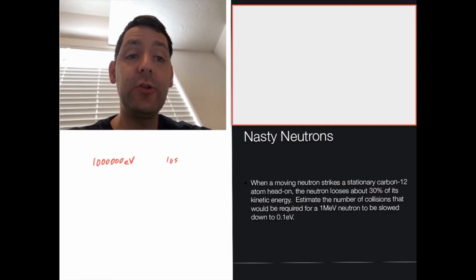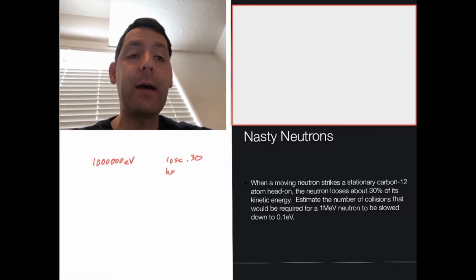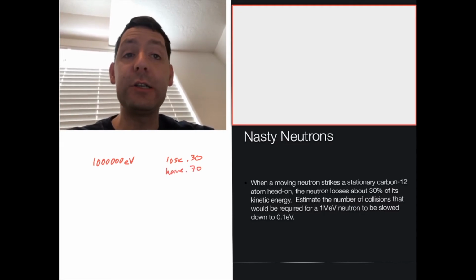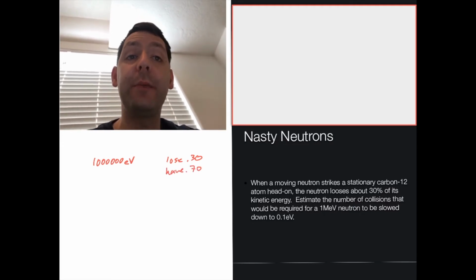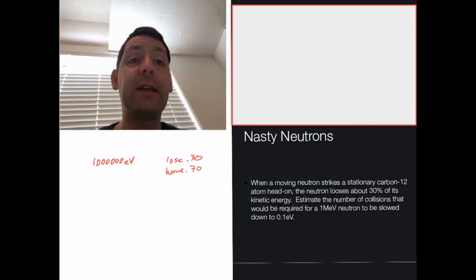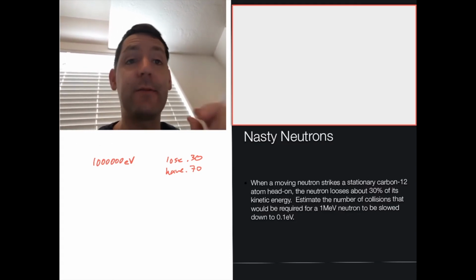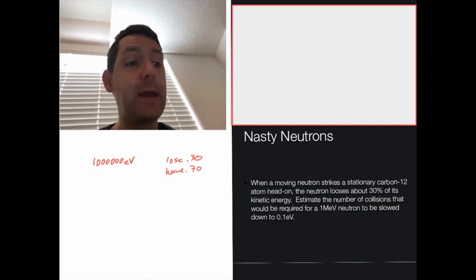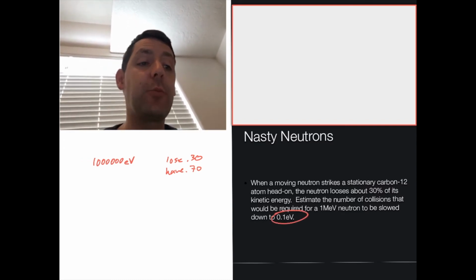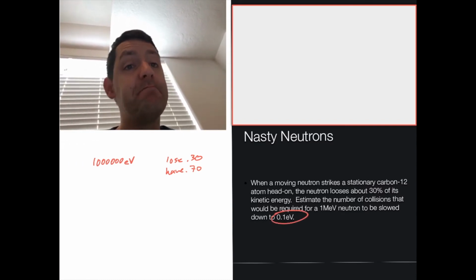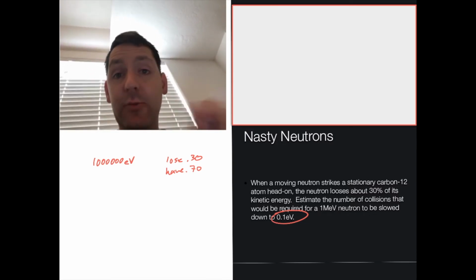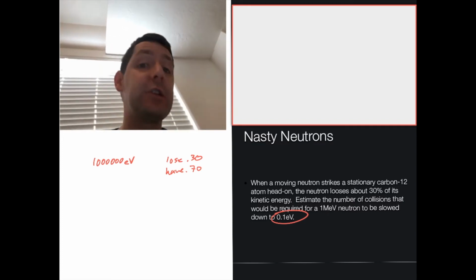So if I lose 0.30, then I have the remainder, which is 0.70. So I could just take that 1 million and multiply by 0.7 and just keep going times 0.7, times 0.7, times 0.7, until I get down to 0.1 electron volts. Okay, that's one way to do it, and you certainly could do that. You could just keep going, equals, equals, equals, and you'd eventually get there.